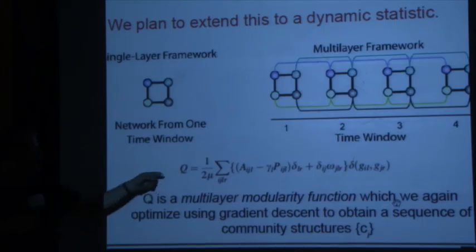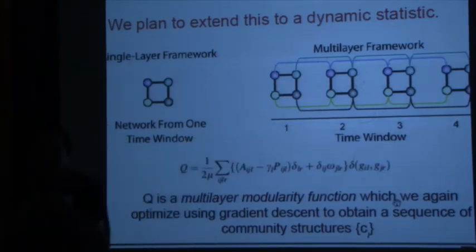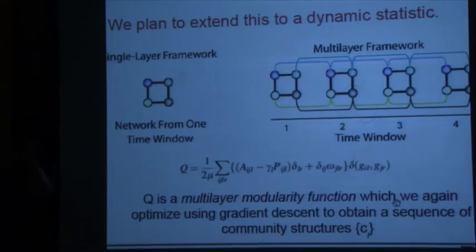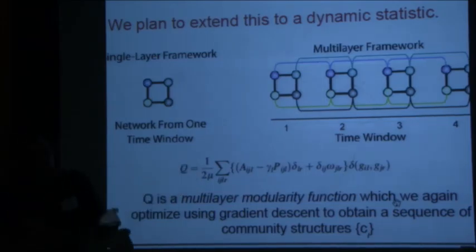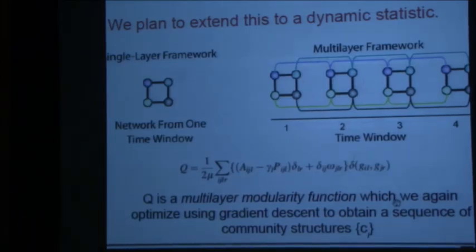You make your modularity function way more complicated looking, essentially by adding these colored links here. So every particle is now linked with itself from time snap to time snap. And you have various parameters that tell you how strongly you're linked from time to time. Then you have to vary all of these parameters and find the right one that gives you some sort of sensible answer.